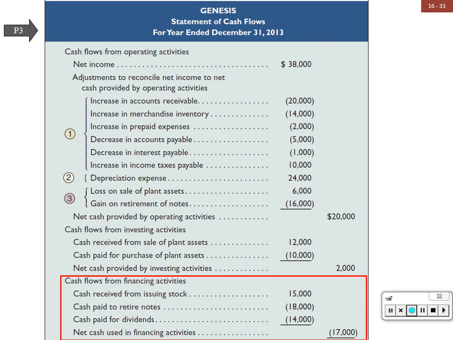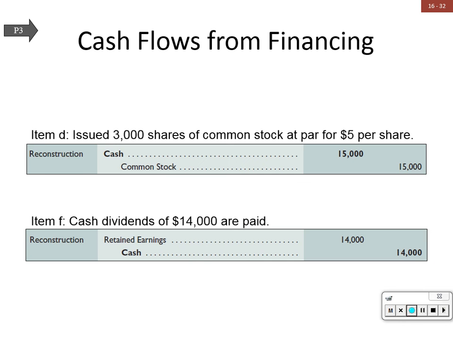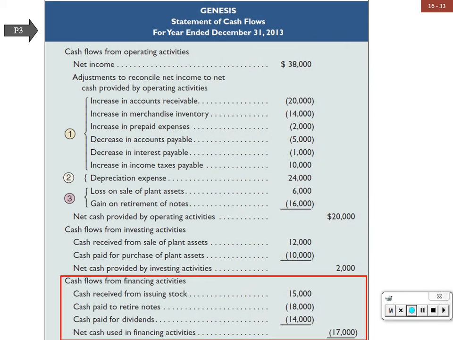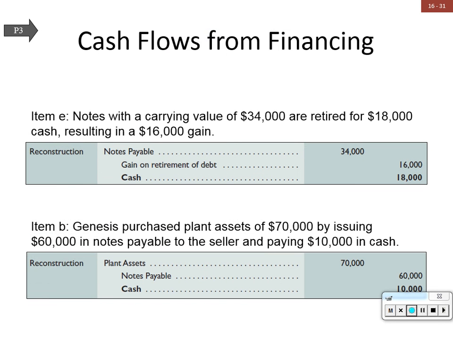What was the one thing you didn't see on there? We got the 15,000, we got the 14,000, and the 18,000. What didn't you see? The paying cash. The gain. Not the gain. Which one of those transactions didn't you see? The paying 10,000 cash? Why didn't you see it? Think about it.